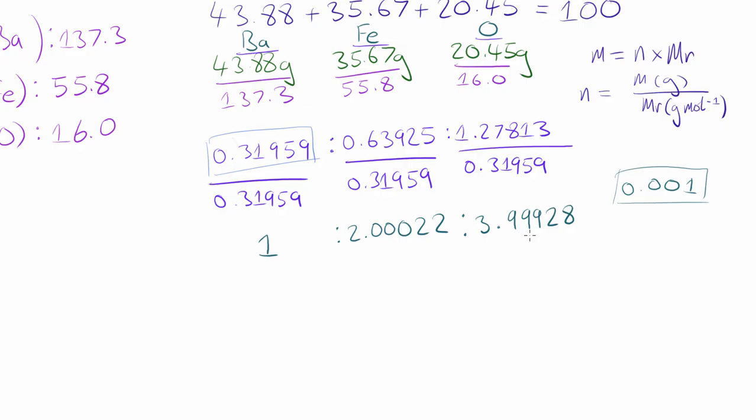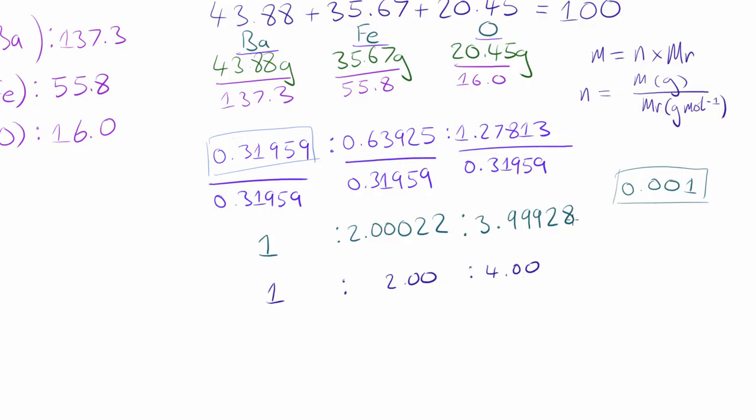Based on that, we can now say that actually, we're going to just simply round these and look at what we get. So if we do that, it's going to be 1 to 2. So at the moment I'm just rounding it to 2 decimal places, but as you can see, if we now ask ourselves, do we now have all whole numbers? And the answer is yes. Across the board we have whole numbers.